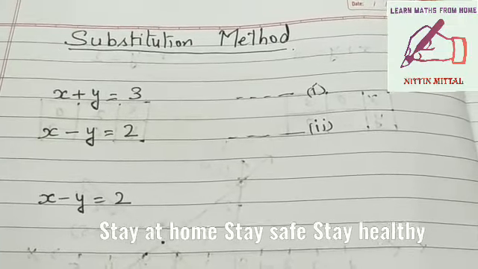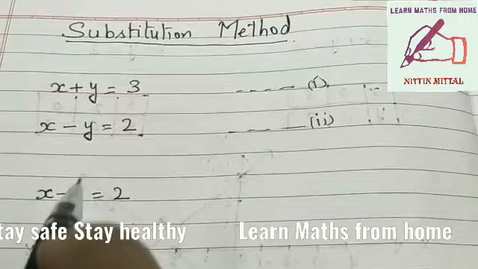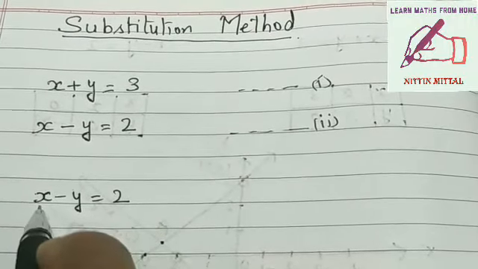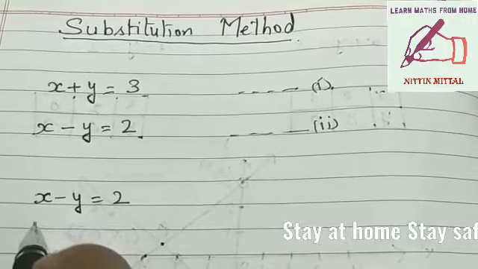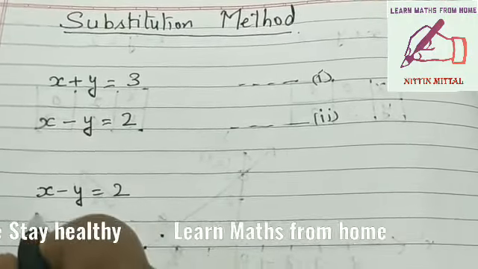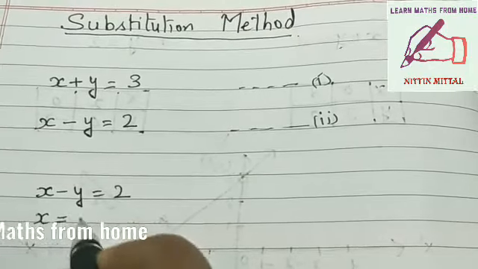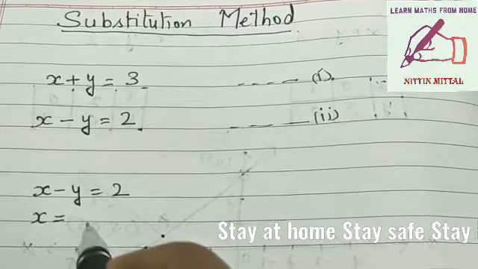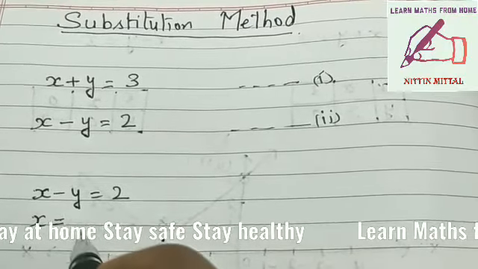Substitution of x means you have to make sure variable x is written in terms of variable y. Means you have to leave x on the left hand side and take everything else, including the coefficient of x if it is other than 1, to the right hand side.